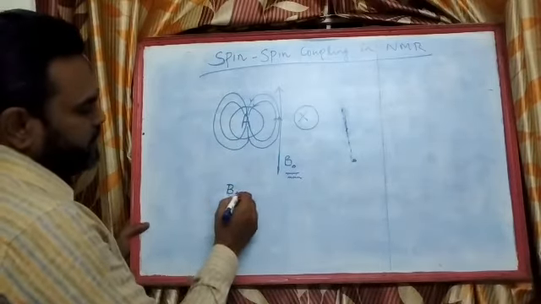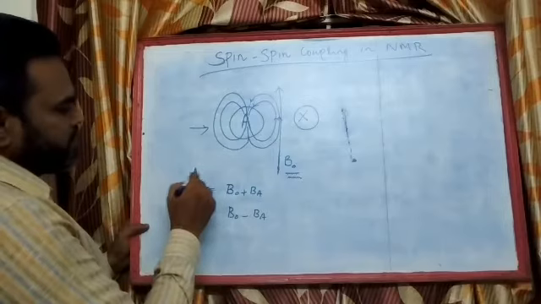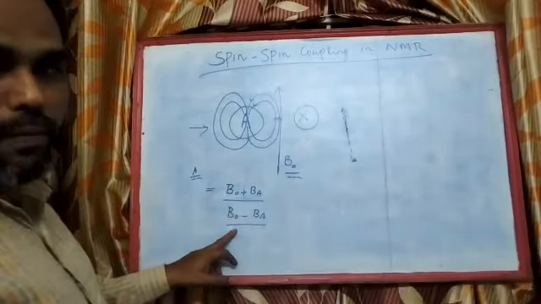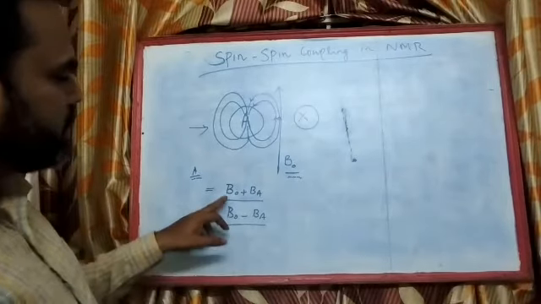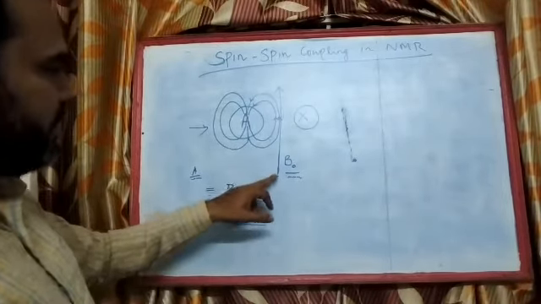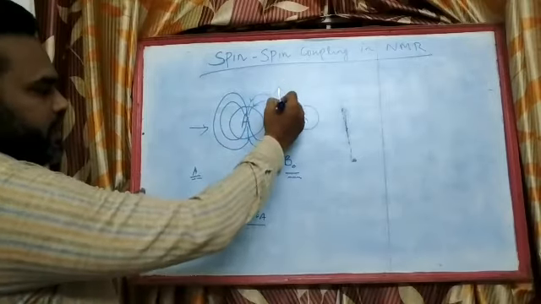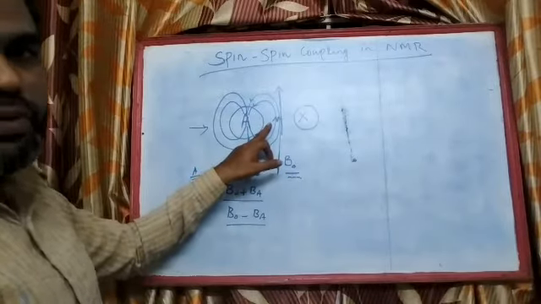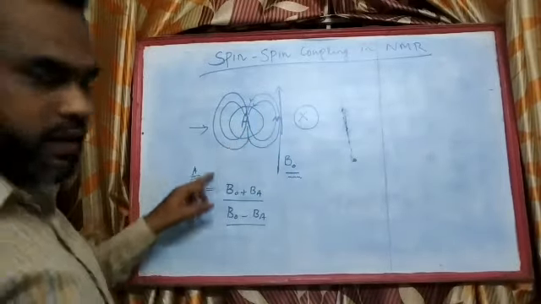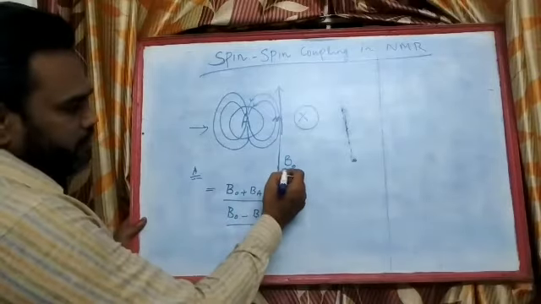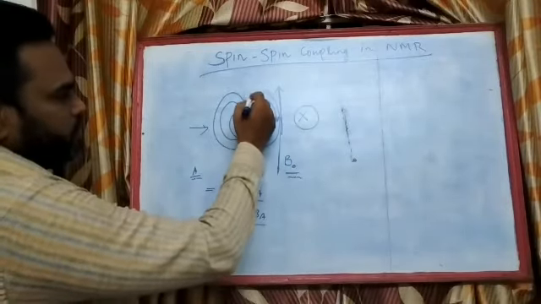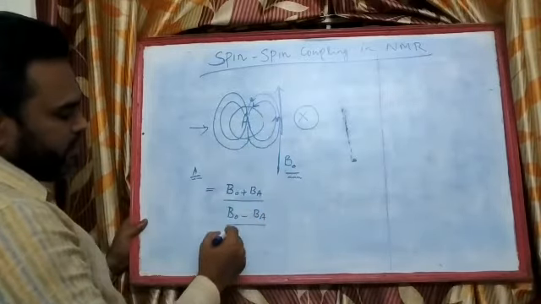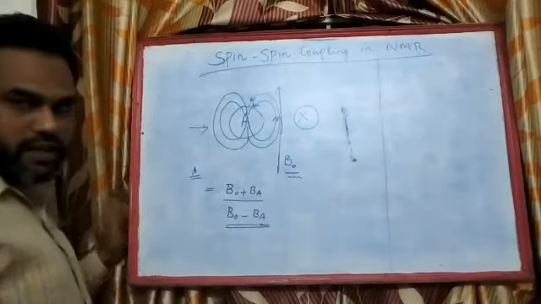B0 plus BA is when the applied magnetic field is aligned with the induced magnetic field produced by A. When the applied magnetic field B0 is opposed to the induced magnetic field BA, then it will experience B0 minus BA.